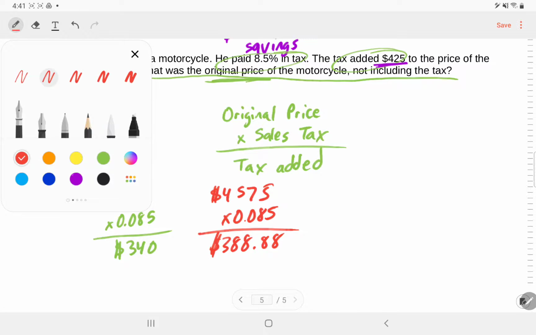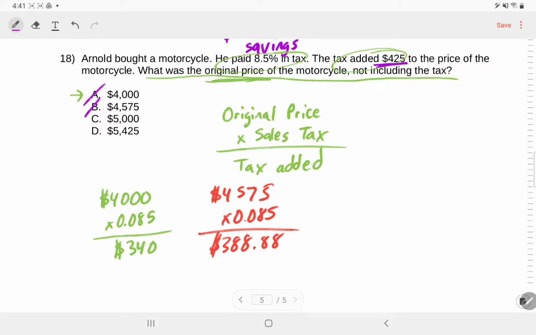So we know it can't be B as well. Now we're going to try C. We have $5,000. And we multiply that by 0.085. 5,000 times 8.5% is going to give us $425. Does that match the tax added? Yes, it does. So it's C.